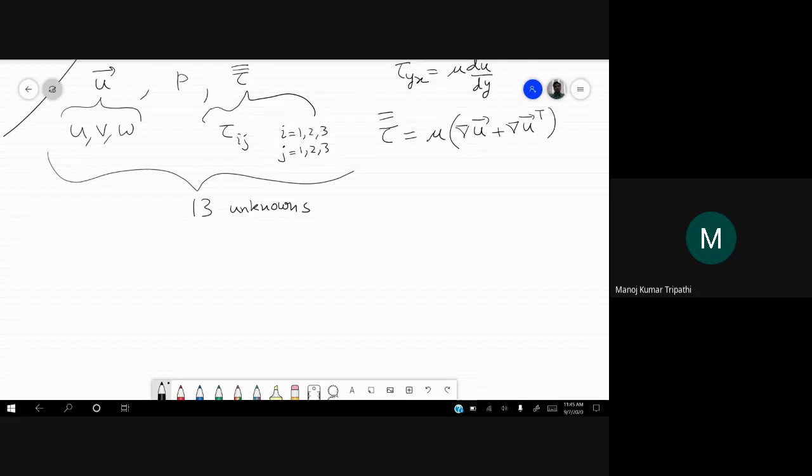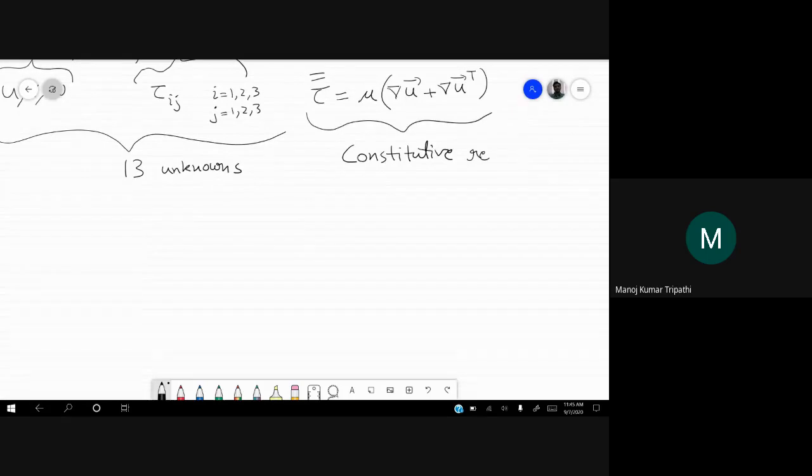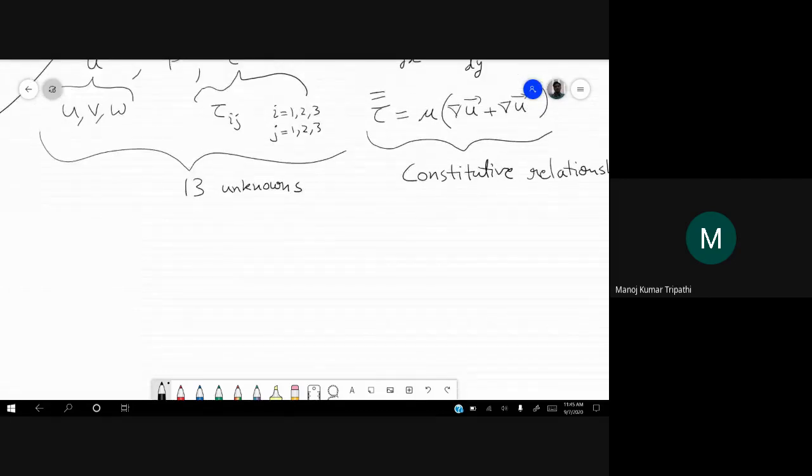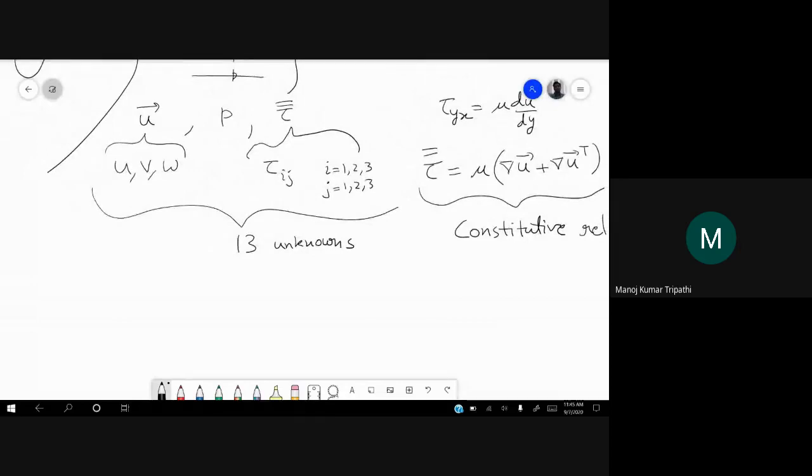This is only an experimental result. This cannot be derived mathematically. So this is known as a constitutive law, or constitutive relationship, between stress and velocity components. So now after writing all these tau in terms of velocities, we have only 4 unknowns.